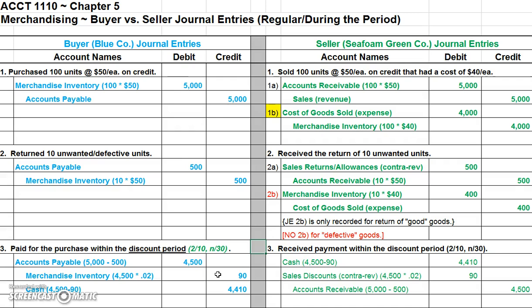So again, the merchandise inventory current asset account, according to the cost principle, must be recorded at cost. Therefore, we would reduce the inventory account by the $90.